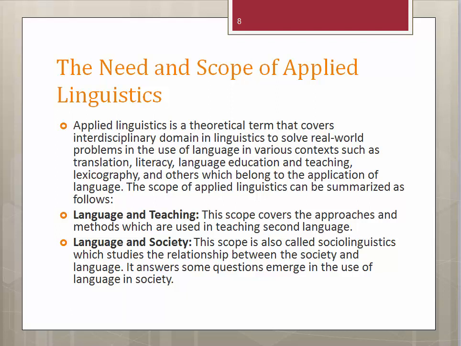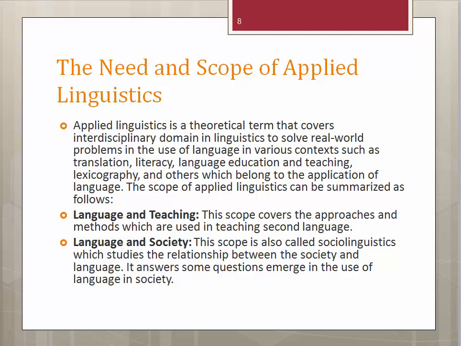So, language and teaching: this scope covers the approaches and methods which are used in teaching a second language. Language and society, which is also called sociolinguistics, studies the relationship between society and language.